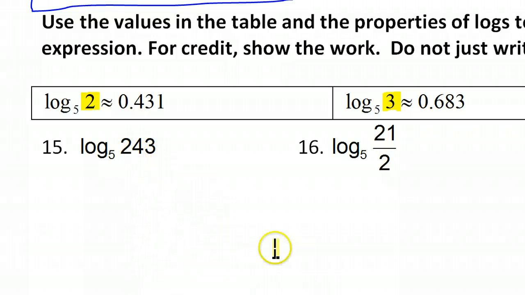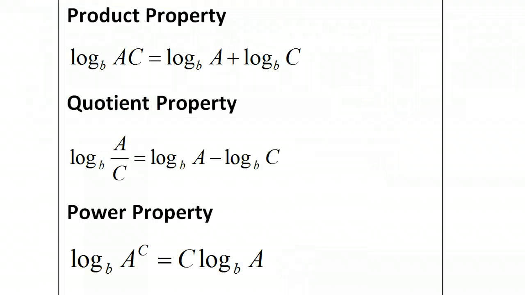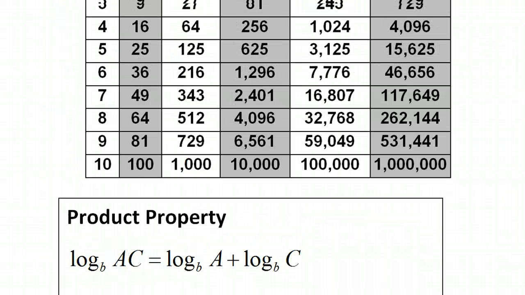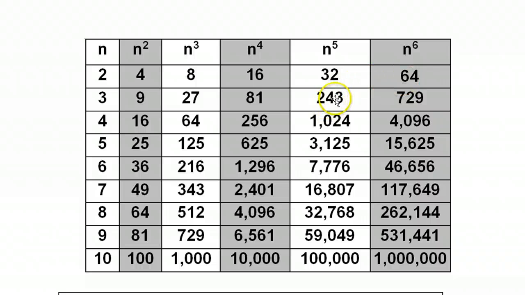That's a big number. Let's see if that's on our chart and if it involves a 2, 3, or 7. Alright, 243. Boom. I see that that is 3 to the 5th power. Okay, 243 is 3 to the 5th power.